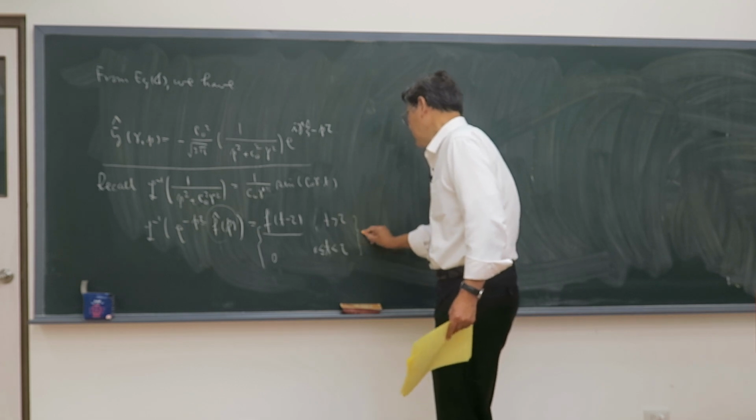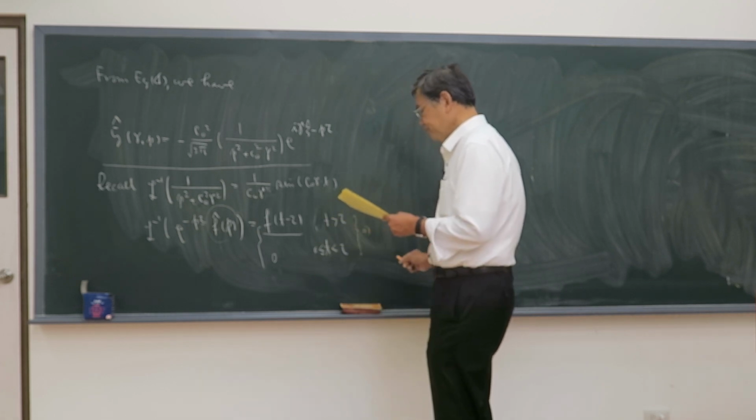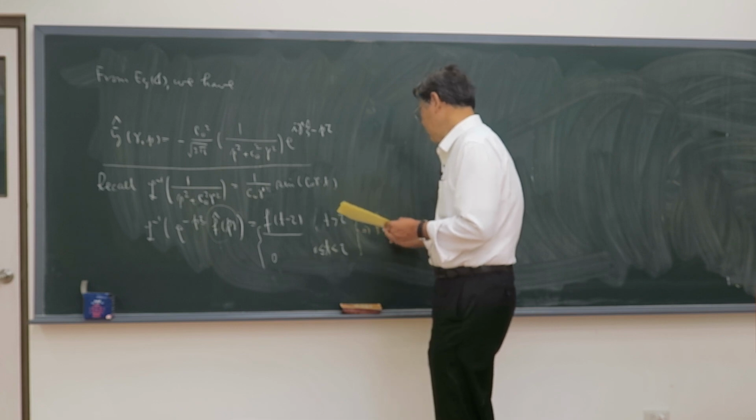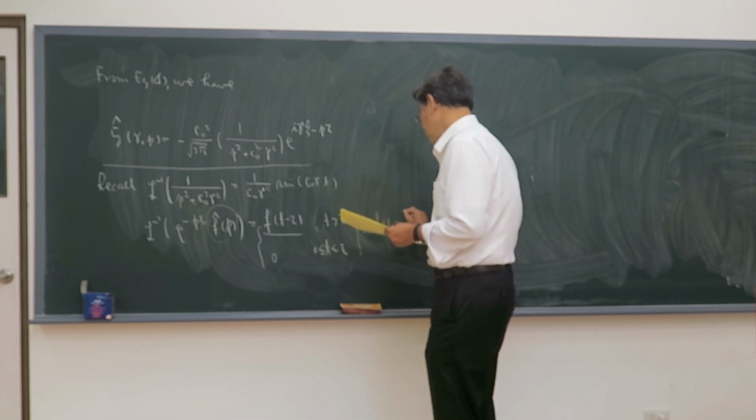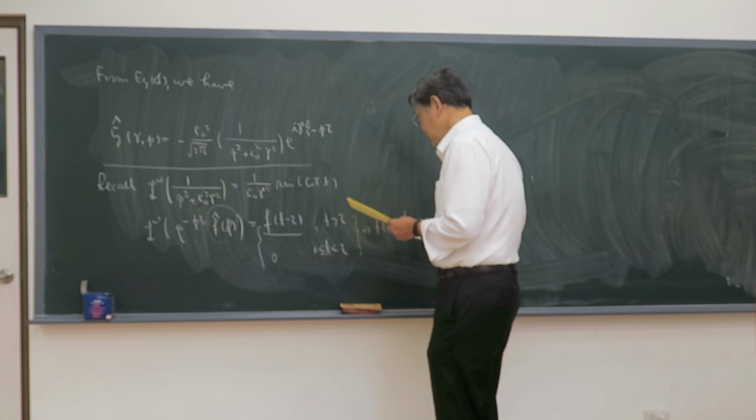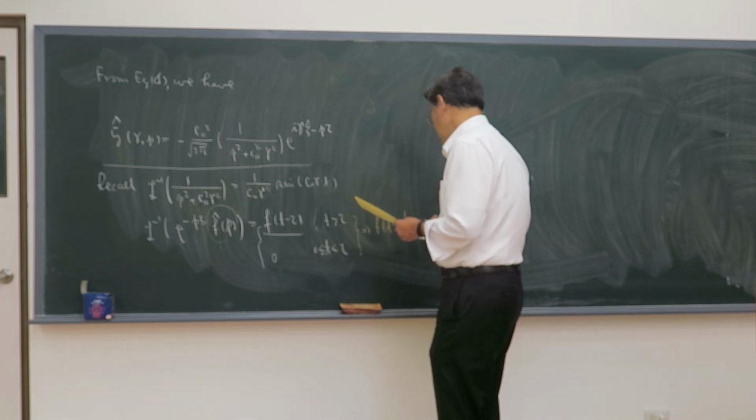So this expression can be written in one form as f of t minus tau times Heaviside t minus tau.